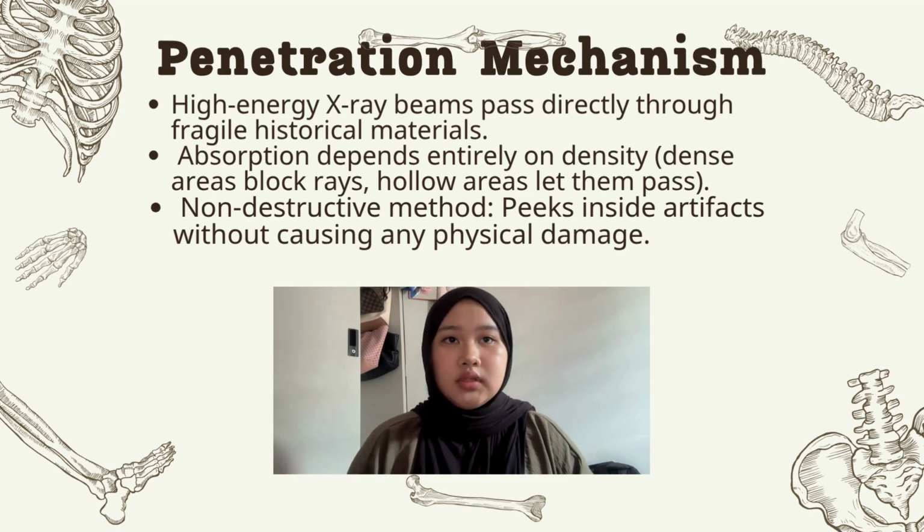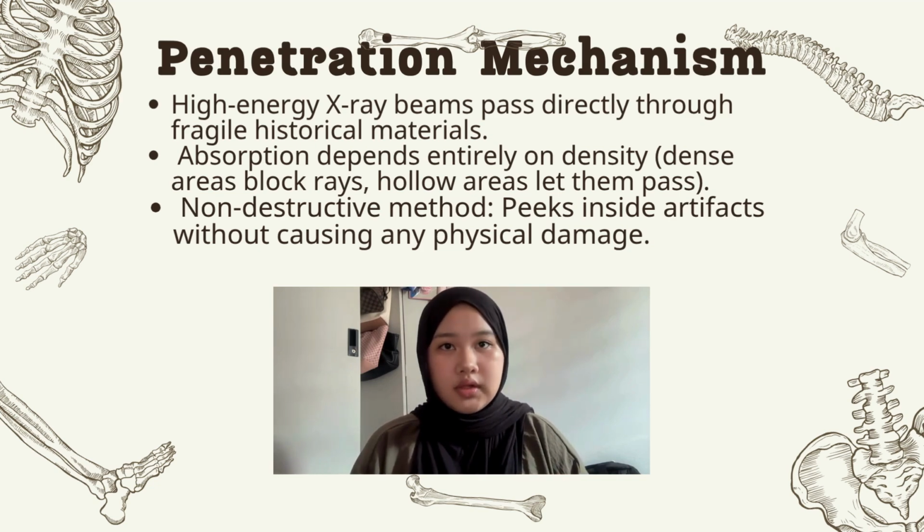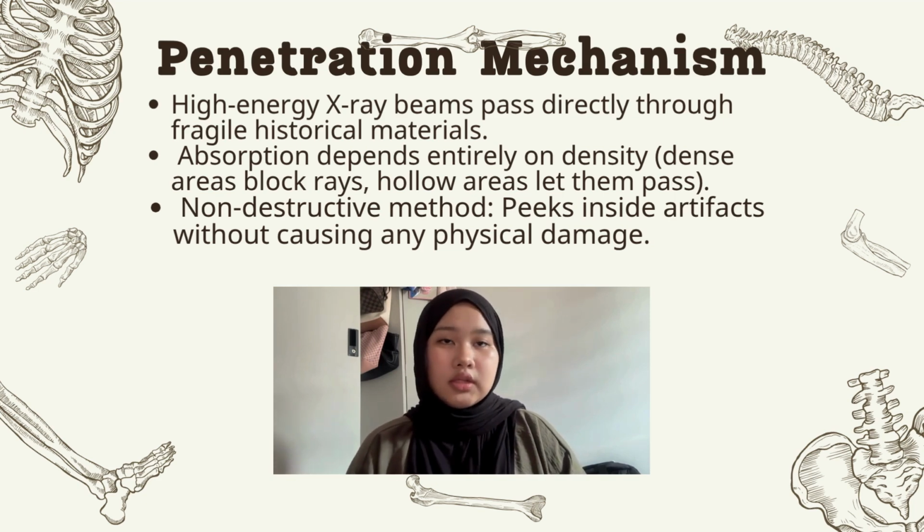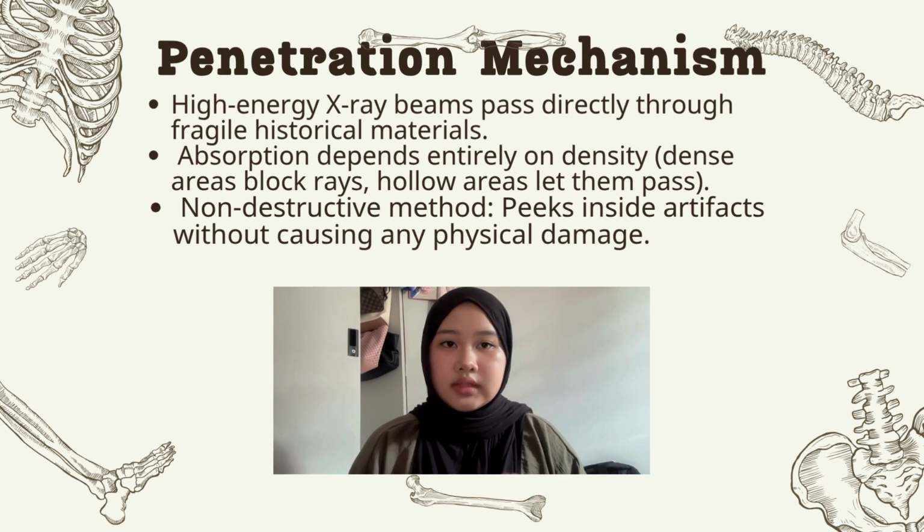For example, if an ancient statue contains hidden metal pins or dense clay inside, those heavy elements will absorb almost all the X-rays. On the other hand, lighter organic materials like wood, textiles, or hollow cavities will allow the X-rays to pass straight through with very little resistance.